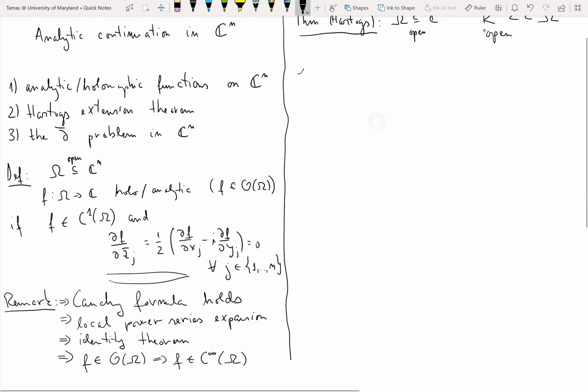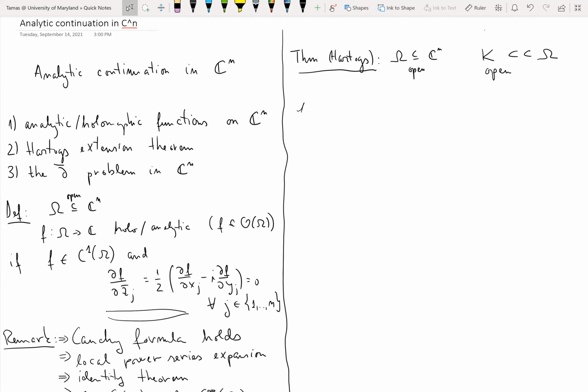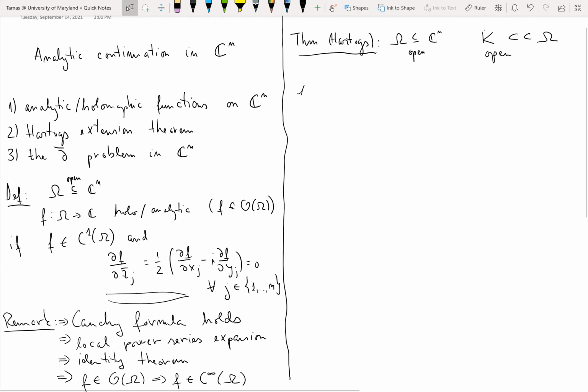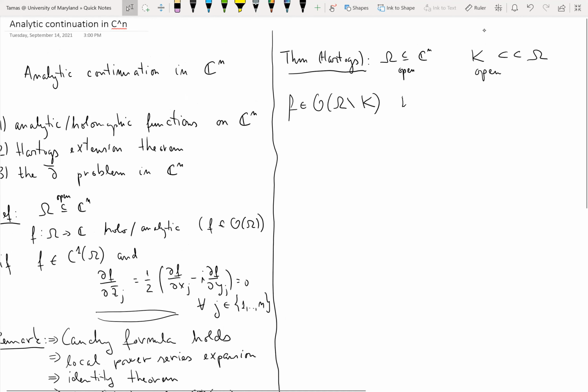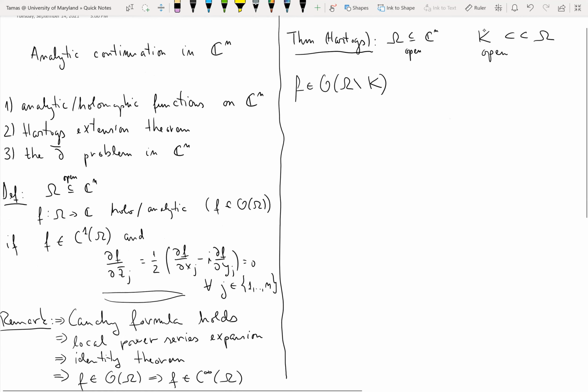Now pick next a holomorphic function f on omega minus K, right? So you use K to punch a hole in omega. Then here's the punchline.